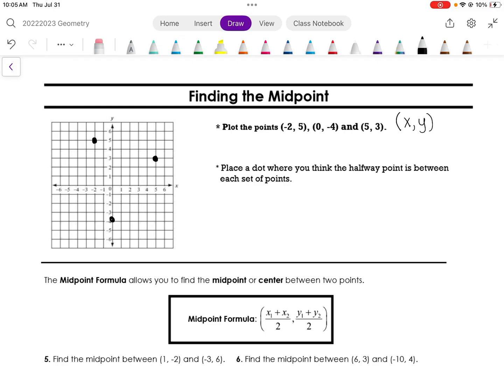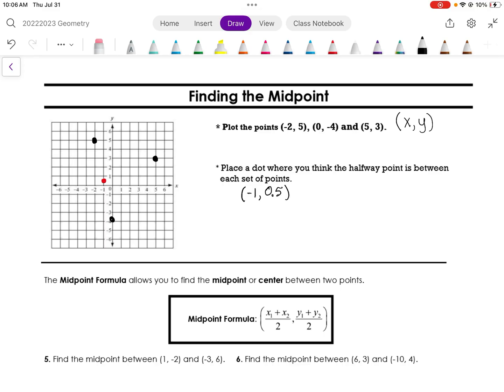So if you've tried this and you have unpaused, here's where your midpoints are going to be. So let's do the midpoint of the first two first, -2, 5 and 0, -4. So that midpoint, if you guessed correctly or calculated this correctly, should be at -1 and then about a half, or -1, 0.5. Now here's how you could have figured that out without a formula.